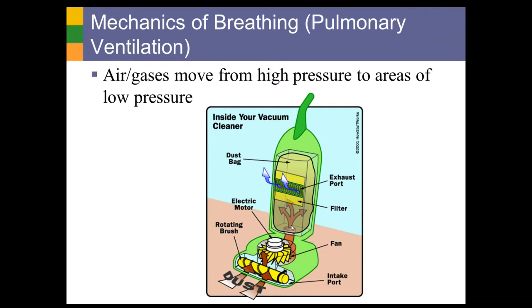Pressure is lower than ambient pressure, or the outside world pressure, and so air simply moves from high pressure to low pressure. As long as you understand the relationship between volume and pressure, and that air moves from high pressure to low pressure, that's all you need to understand how we breathe.